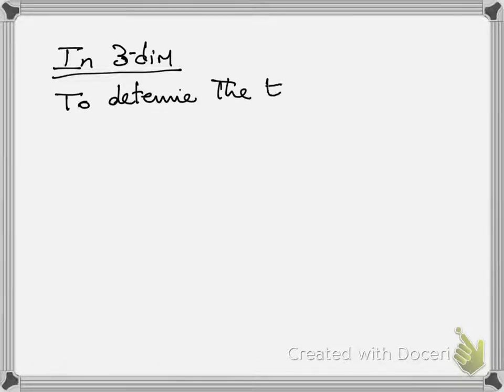Now, what about the situation in 3 dimensions? We are interested in 3-dimensional space. To determine the equation of a line in 3-dimensional space, we're going to need two things, the same as in the 2-dimensional case. We need a point, and instead of the slope, the analog of the slope would be the direction vector.